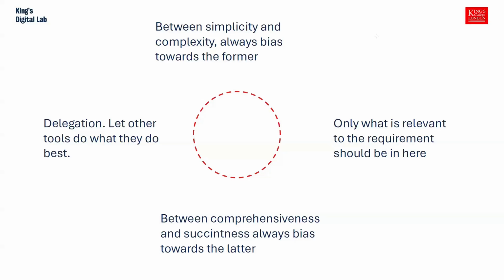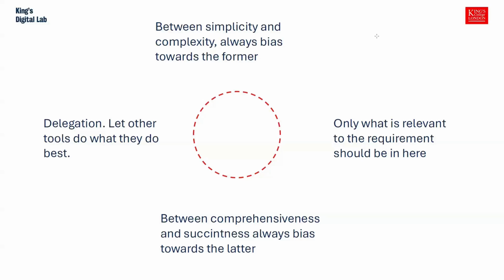There may be long email threads, there may be meetings, there may be Slack discussions. There's, again, a huge temptation to put all of that into this thing in the center for reference, but that's not a good idea because it's just going to be too much. So the principle here will be go for succinctness, go for the gist, the paraphrase, the summary, rather than everything. Only what is relevant to the requirement should be there.